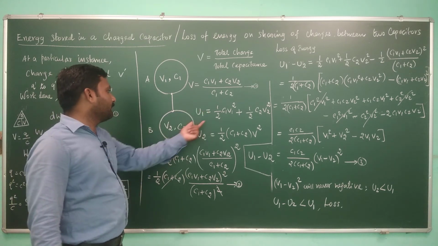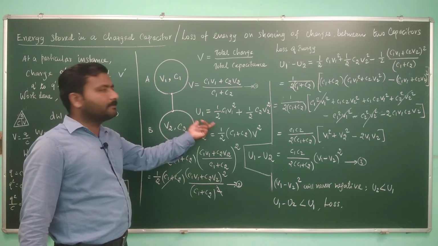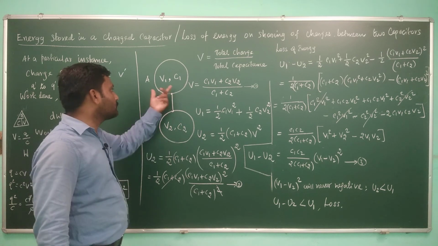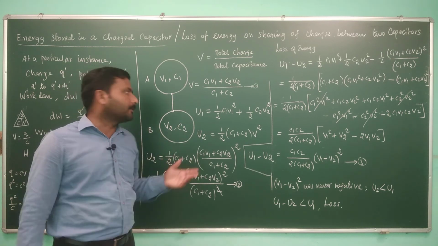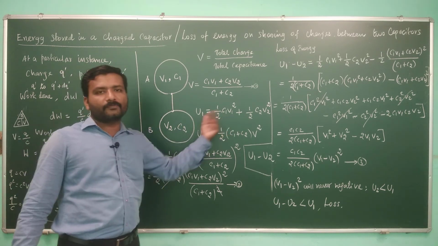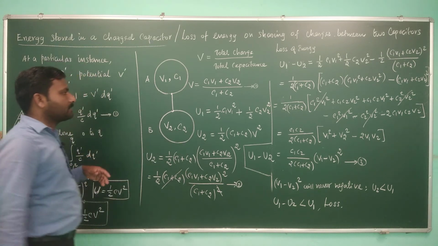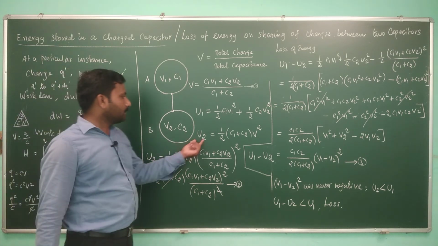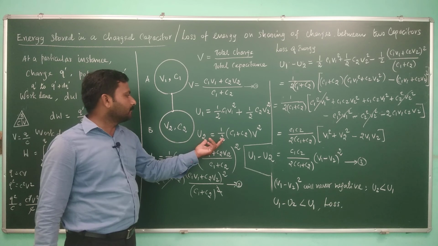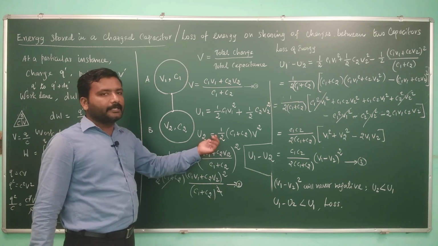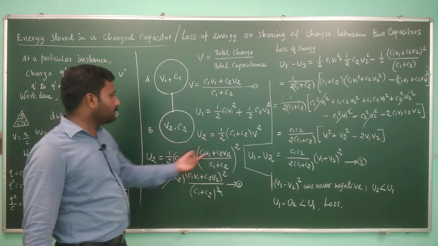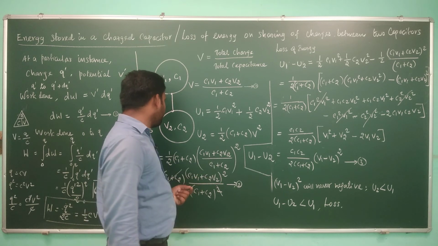Then we have written the equation for the potential energy when these two capacitors are not in contact, the algebraic sum of the potential energies of the two capacitors individually. Then we joined them and calculated the potential energy after the contact.